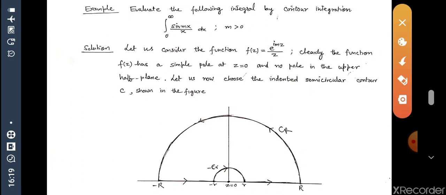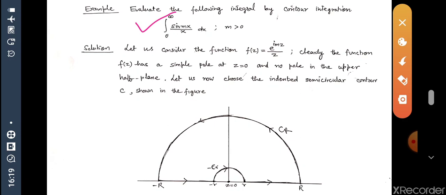Here we take an important example. In this example, we have to evaluate the integral from 0 to infinity of sin(mx)/x dx, m greater than 0. In this function, a trigonometric function is multiplied by a rational function.